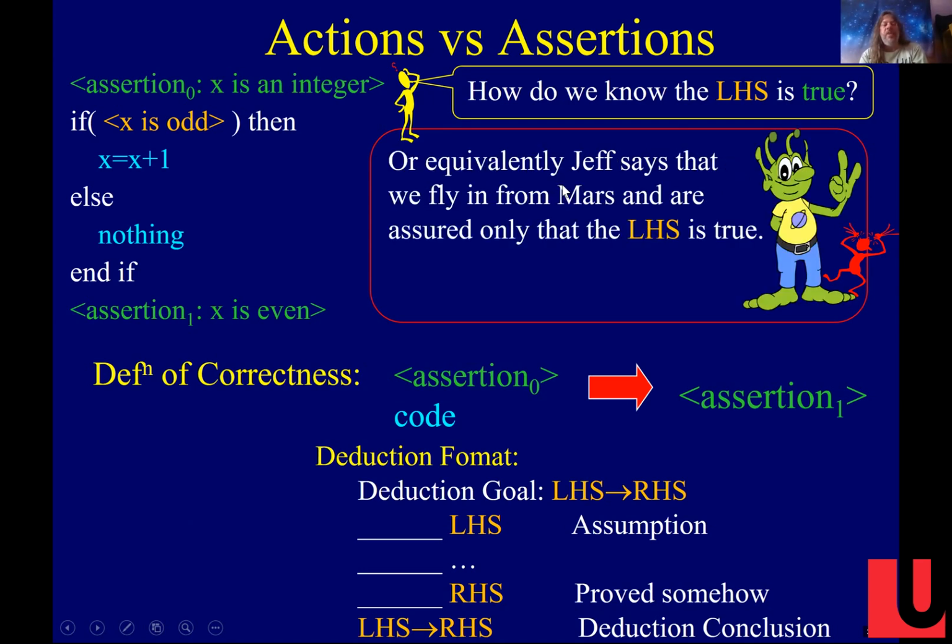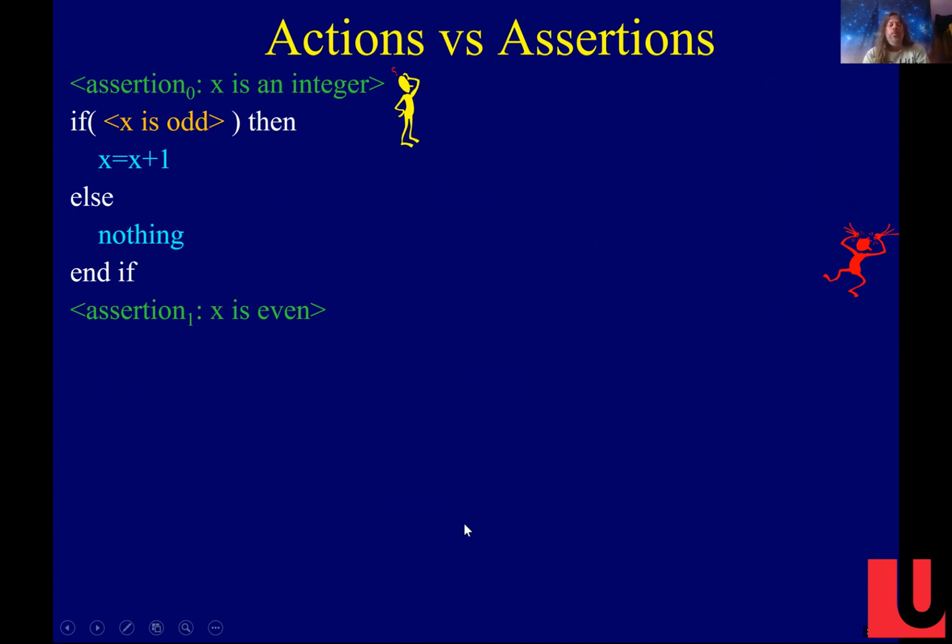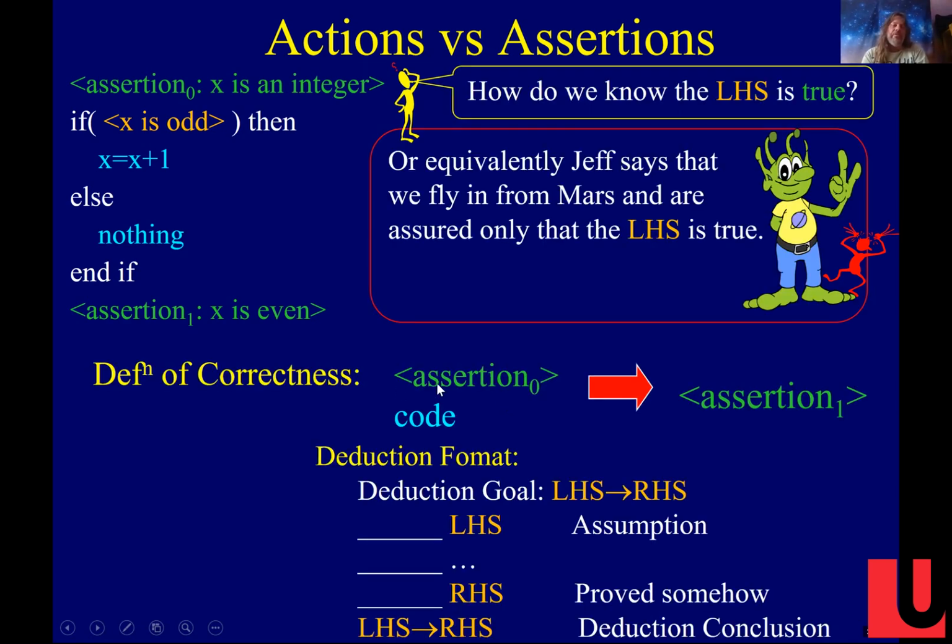Another way I talk about it is let's say we fly in from Mars and land right here on this line. Our Martian here will assure us that this assertion is true, i.e. that this left-hand side is true. All right, so now we're down here. The Martian is assuring us that we're at the top of the loop and the assertion is true.